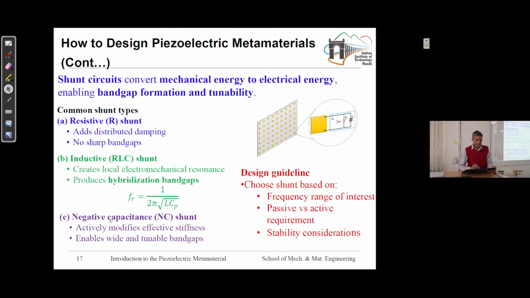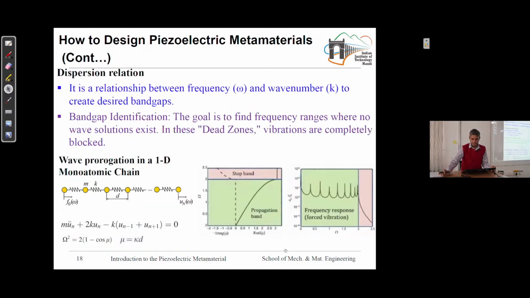Then we have negative capacitance, when we have capacitance negative. This can be done with the help of tunable band gaps. So design guidelines: choose shunt based on frequency range of interest, that is whether you have to use R or RLC or negative capacitance, right? Passive and active requirement, then stability considerations.